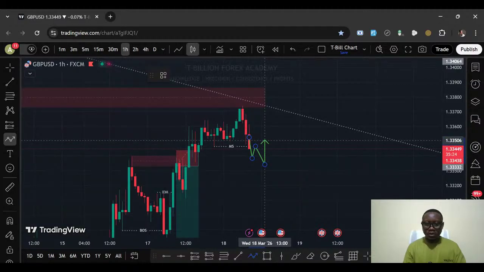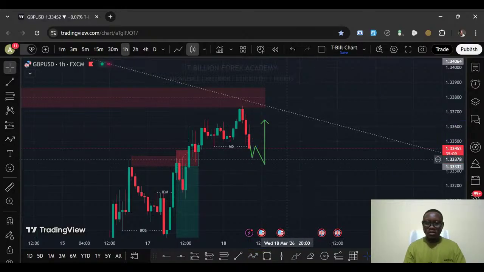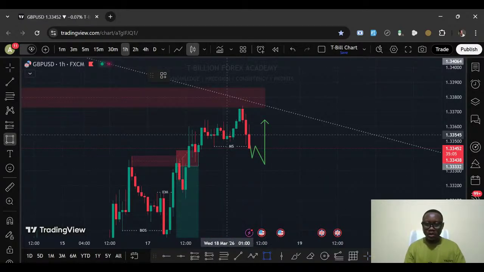Then we either react at this POI, depending on the level of the retracements we got, or we react at this order block zone. So please take notes. This is it. We either react right here and take our entry right here.